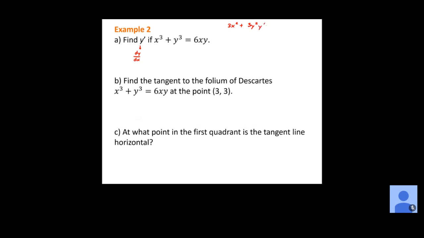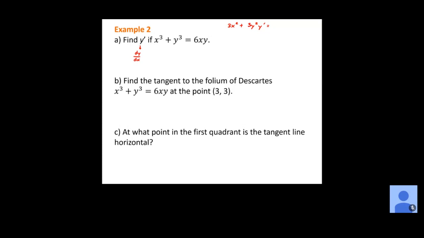And this just makes it a little easier so you're not writing dy dx over and over again and moving that from side to side. So I'm just going to call that y prime. Any questions on taking the derivatives on the left-hand side here? Okay, now let's look at the right-hand side.